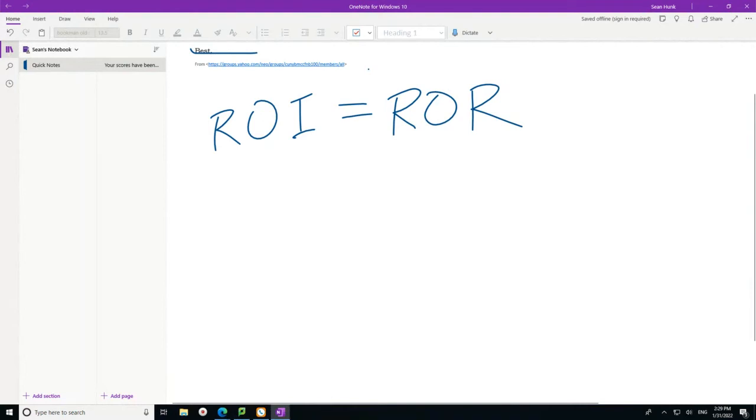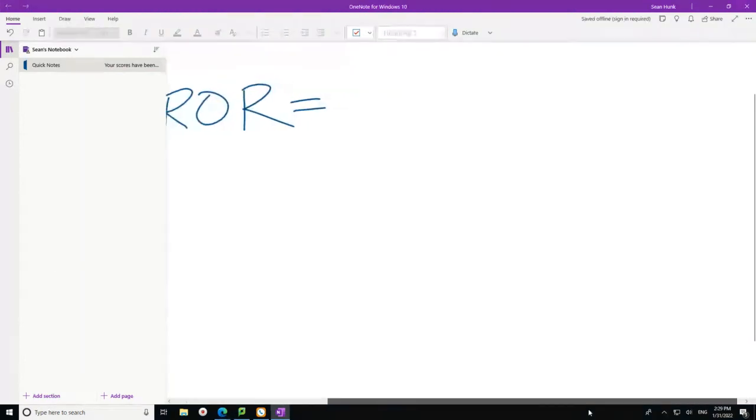But rate of return is really a generic concept. So what is return on investment, which is generally called rate of return?